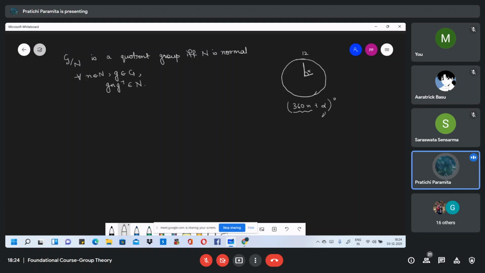We need to prove the converse: if N is normal, then the set of left cosets G mod N forms a quotient group.